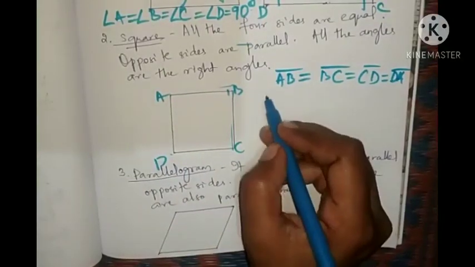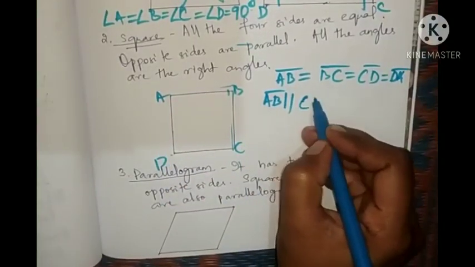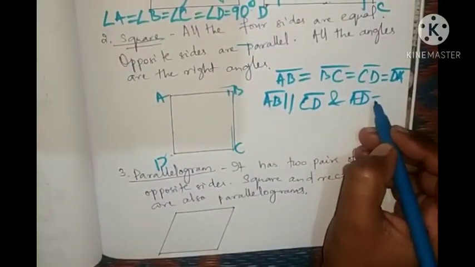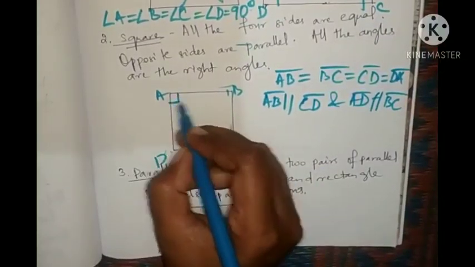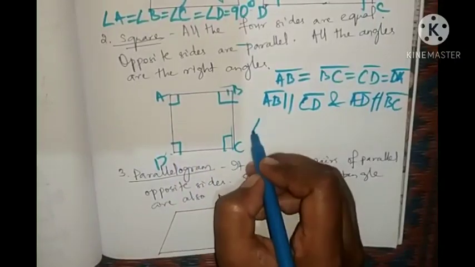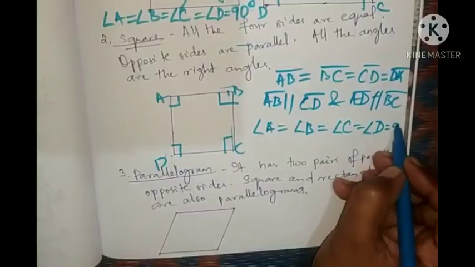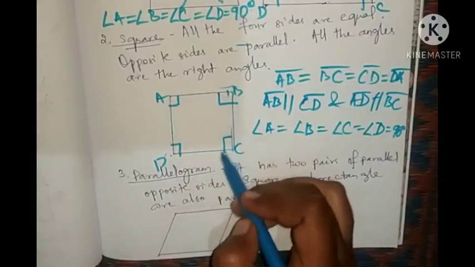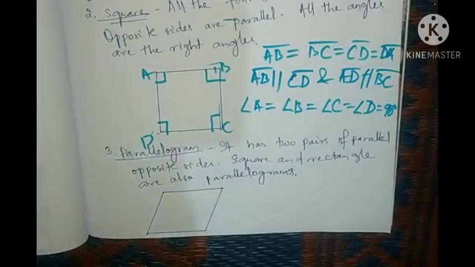Opposite sides are parallel, meaning AB is parallel to CD and AD is parallel to BC. And all angles are 90 degrees: angle A equals angle B equals angle C equals angle D equals 90 degrees. So a square has all sides equal, opposite sides parallel, and all angles right angles.